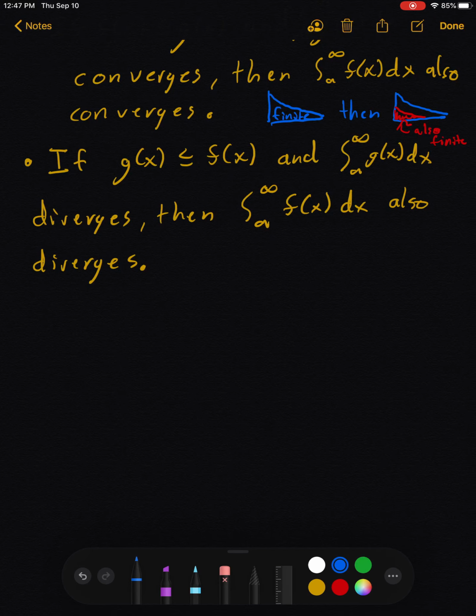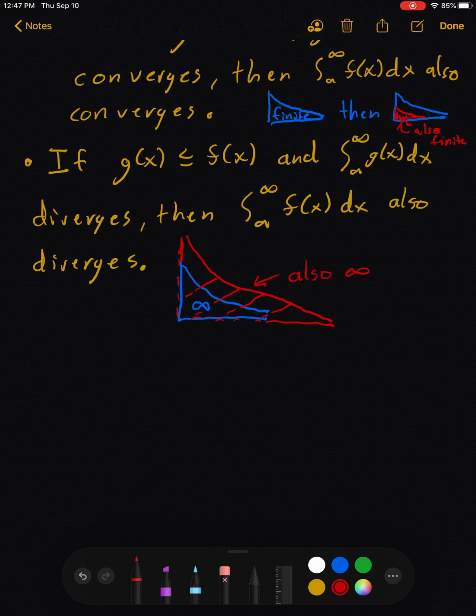And then the second one tells me that if I have an area and it is infinite, then the area that contains it is also infinite, which again makes sense.